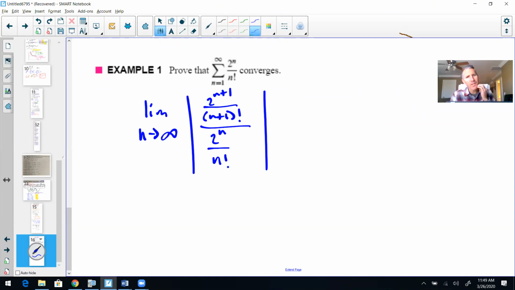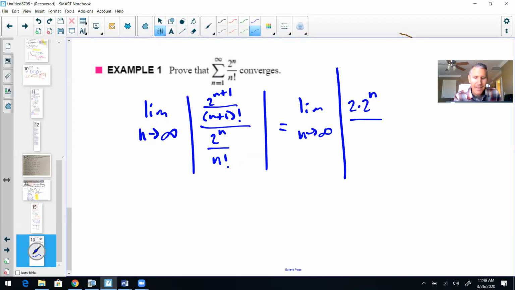Okay, so now we're going to look at this and say, well, this is just equal to the limit as n approaches infinity of the absolute value of 2 to the n plus 1, which could be written as 2 times 2 to the n, over n plus 1 factorial, which, if you remember, is just n plus 1 times n factorial. And then instead of dividing by that fraction, let's multiply by the reciprocal.